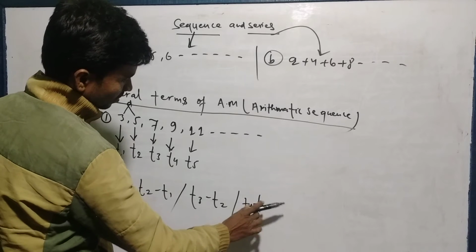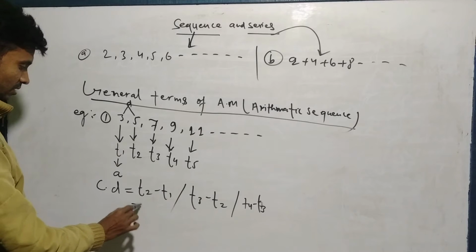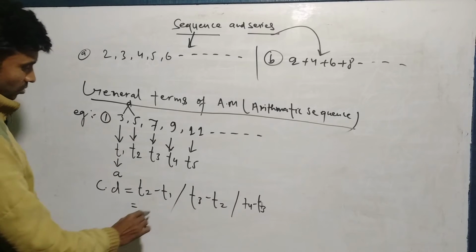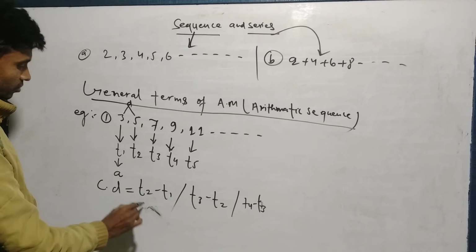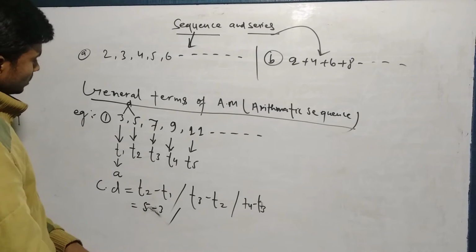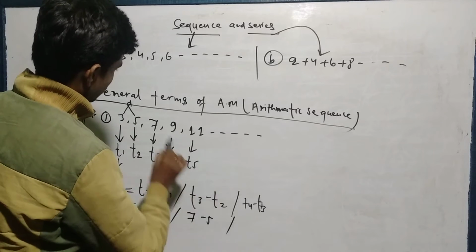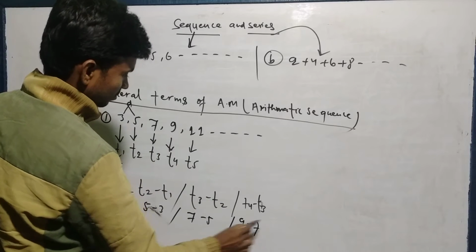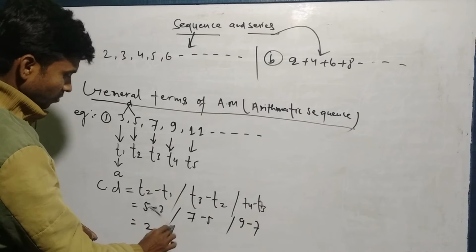By the help of any such formula, you can find the common difference. So the answer is 2. What is the value of T2? T2 is 5 minus 3. And what is the value of T3? 7 minus 5. And T4 is 9 minus 7. So you write any one. So the same common difference.